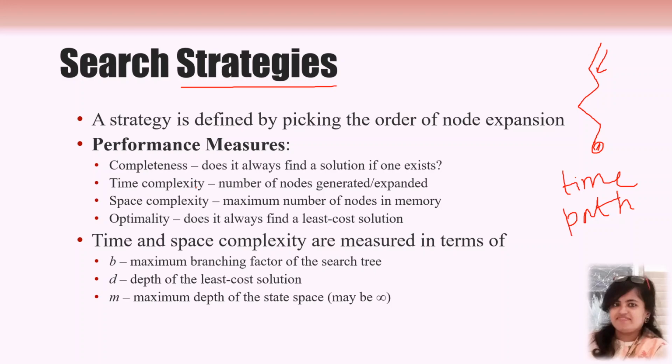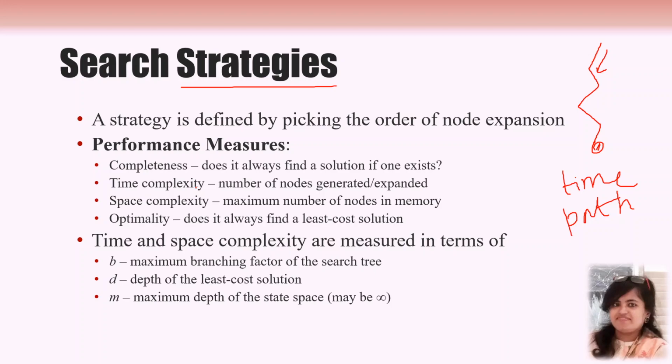Another one is time complexity. The number of nodes generated or expanded while reaching the solution gives us the time complexity. And then the space complexity. That is the maximum number of nodes that need to be stored in memory at a particular time.